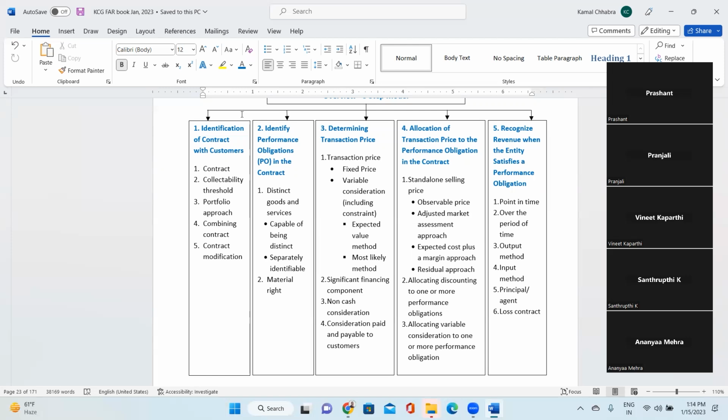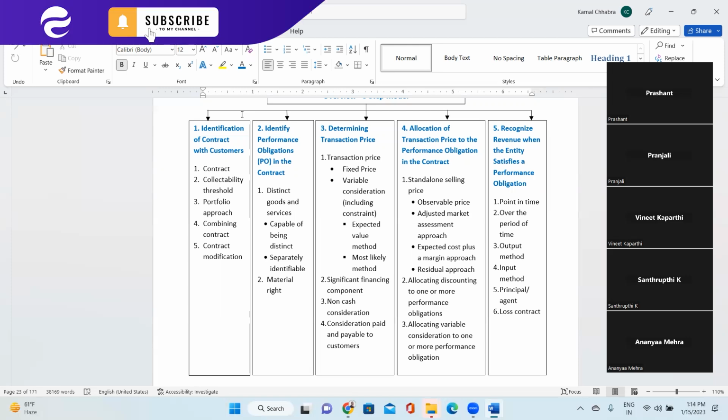Third, we understood the portfolio approach of the contract. Fourth, we understood combination of contracts, what kind of contracts can be combined together and evaluated together as one contract. And lastly, we discussed contract modification and how to deal with those modifications. So far, we are done with step one. Any doubt on any of these five points? No, sir, clear.